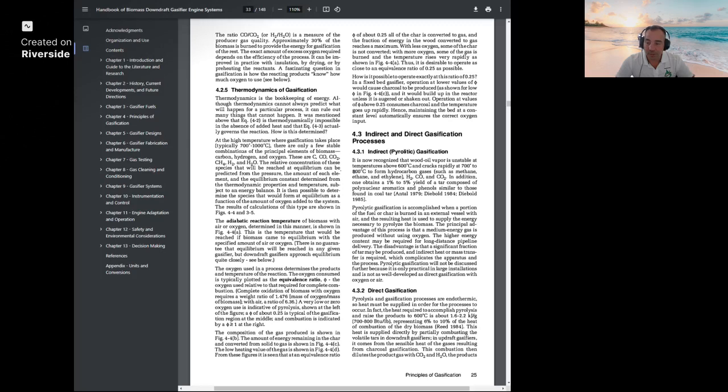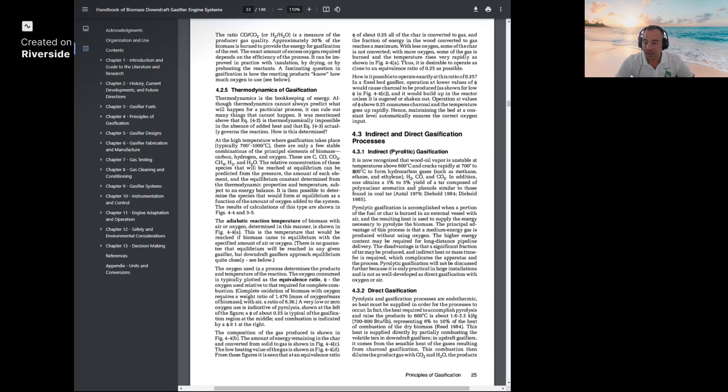Pyrolytic gasification is accomplished when a portion of the fuel or char is burned in an external vessel with air, and the resulting heat is used to supply the energy necessary to pyrolyze the biomass. The principal advantage of this process is that a medium energy gas is produced without using oxygen. The higher energy content may be required for long distance pipeline delivery.